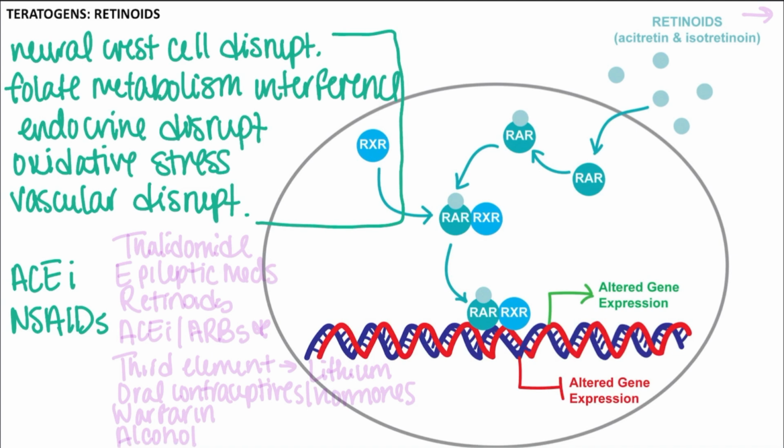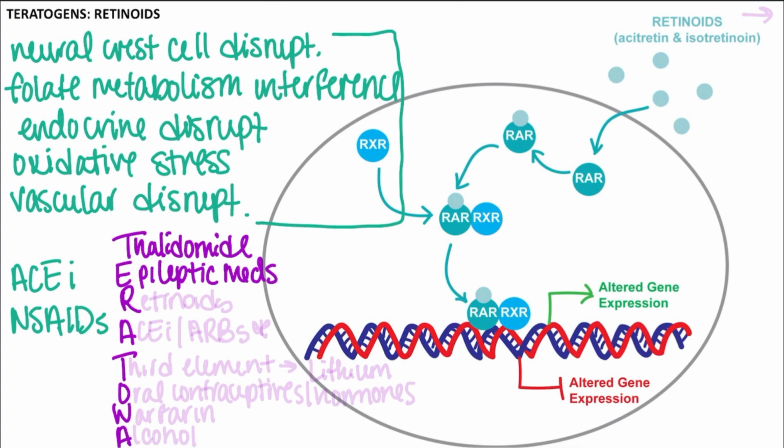So now the mnemonic I have always used to remember the big drug culprits of teratogenicity is TERATOA, which stands for thalidomide, epileptic medications, like valproic acid, for instance.